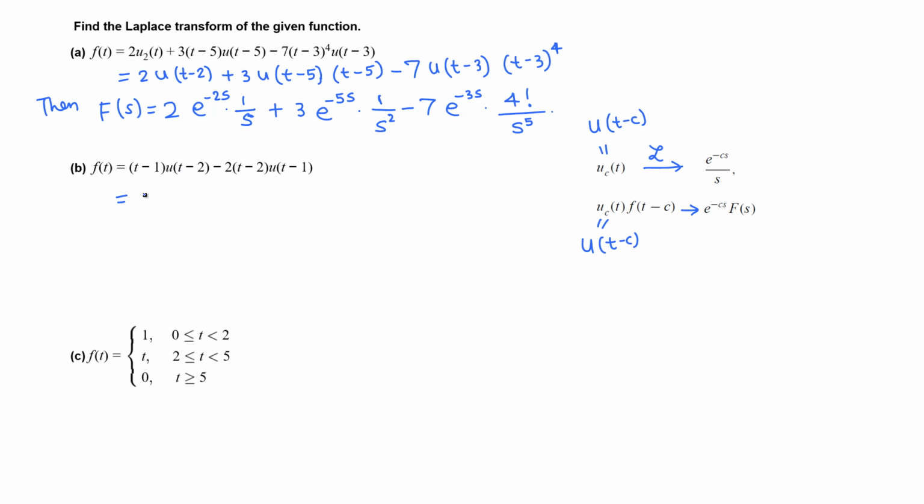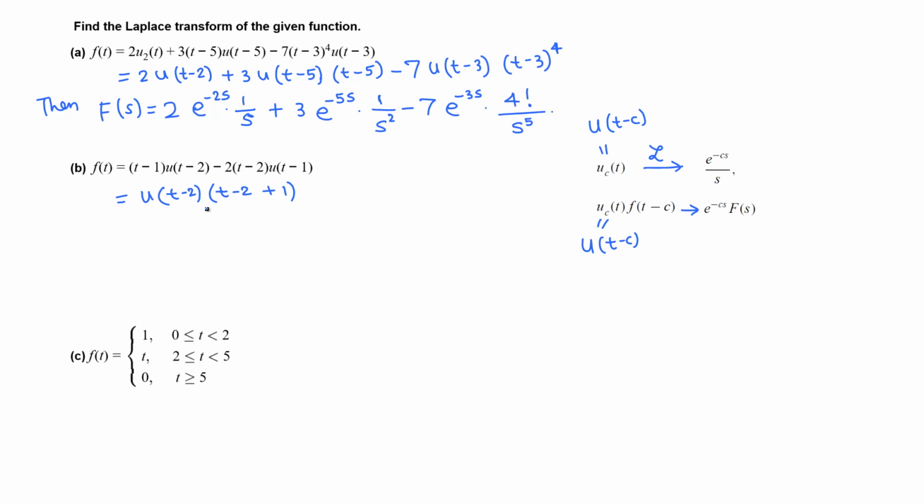Let me rewrite again. The unit step function is u(t minus 2), and this is t minus 1. So we need to rewrite t minus 1 in the form of t minus 2 so that we can use this second formula. So t minus 1 is the same as t minus 2 needed, and to manage negative 1, this is negative 2 plus 1.